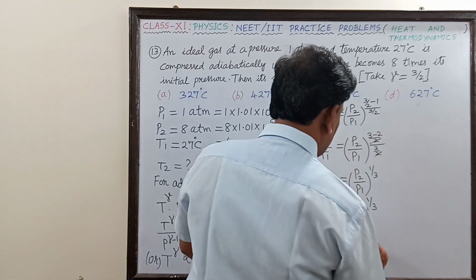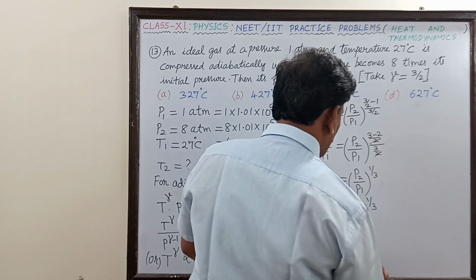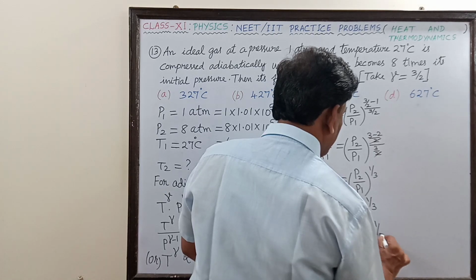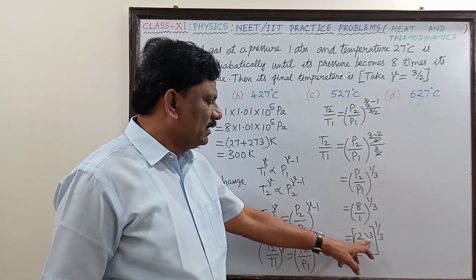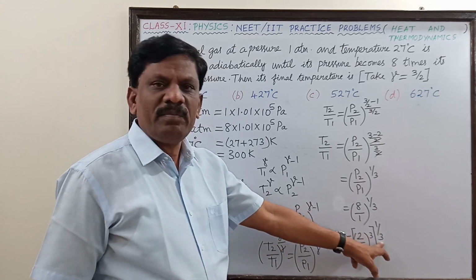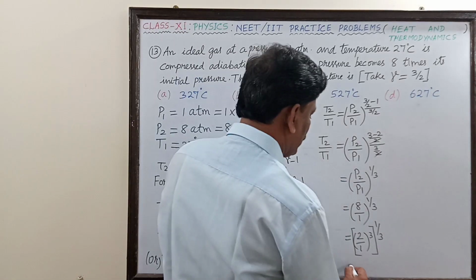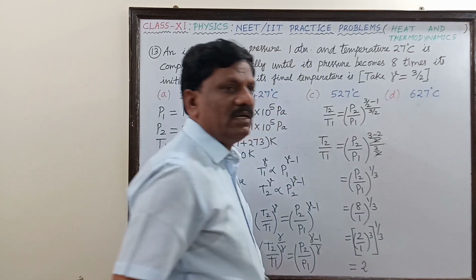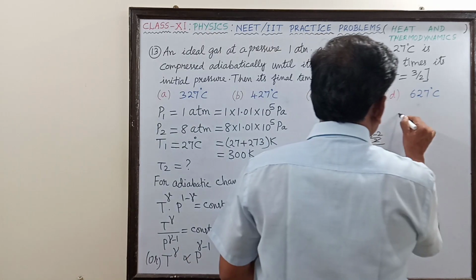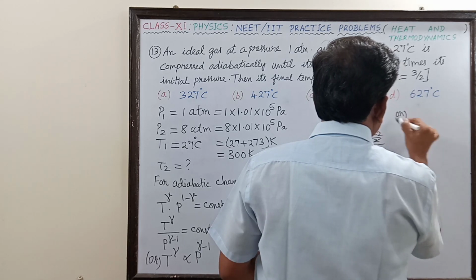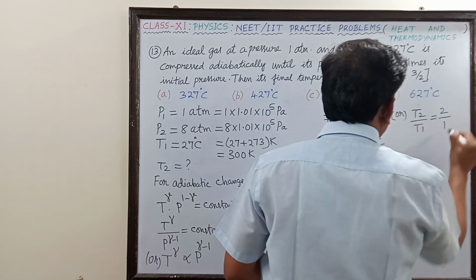So this is 2 by 1 whole cube, and totally this is raised to the power 1 by 3. Now this is 2 cube whole power 1 by 3, the cube root of 2 cube, so that is equal to 2. Cube root of a cube number is the given number itself. Therefore T2 by T1 is equal to 2 by 1.